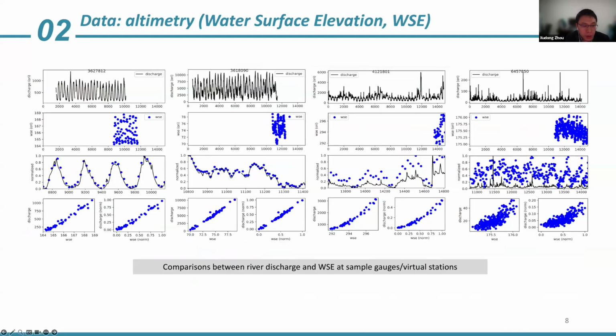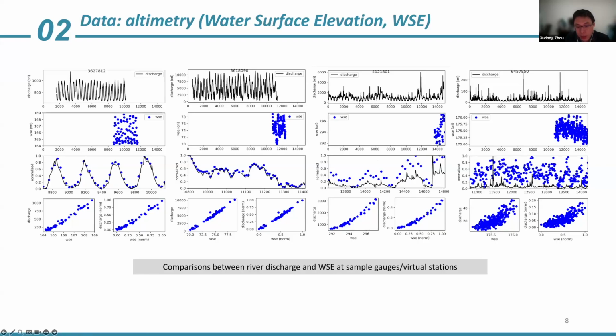For instance, there is one virtual station. We can see that although the time interval of the water level is large, it can follow the hydrograph very nicely. And this has a seasonal variation, but for this station the seasonal variation is weak, but we can see the general trend of the hydrograph is captured.